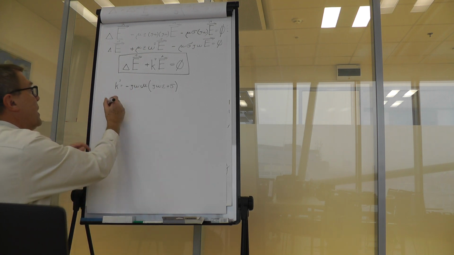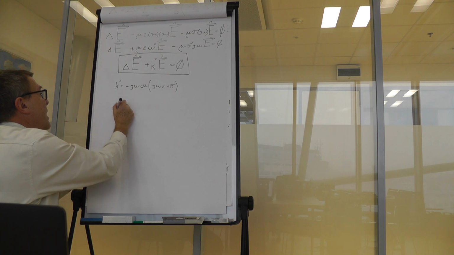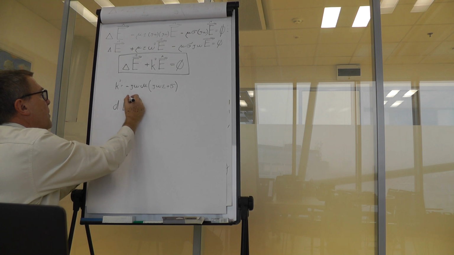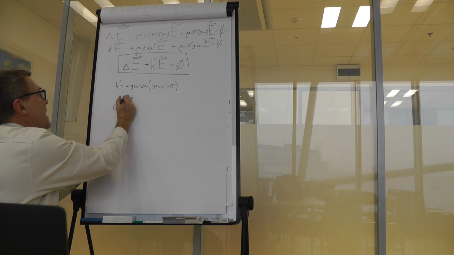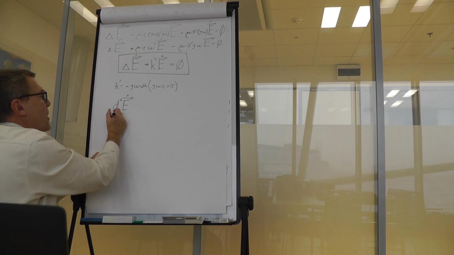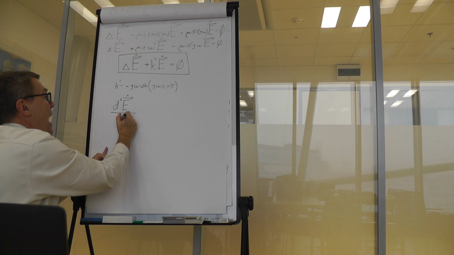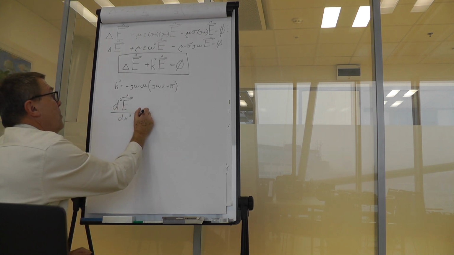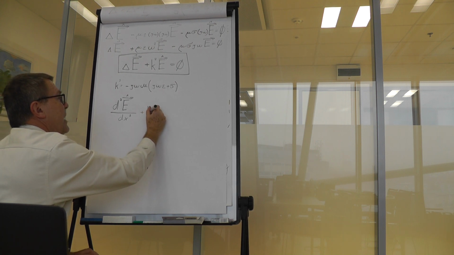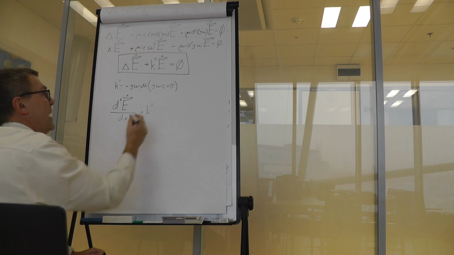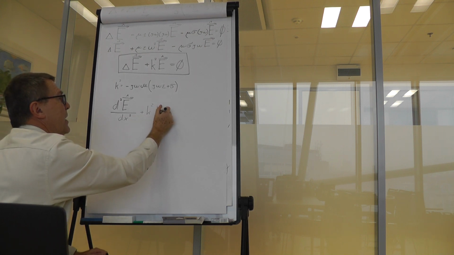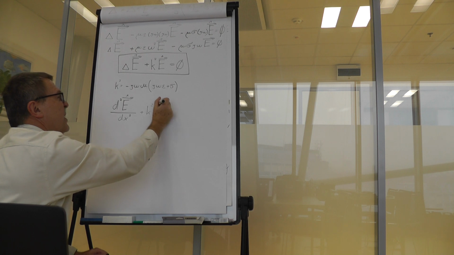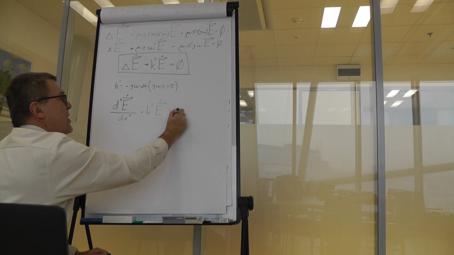So we have an equation telling that the second derivative of the phasor of electric field strength against z plus k squared E vector phasor makes 0.